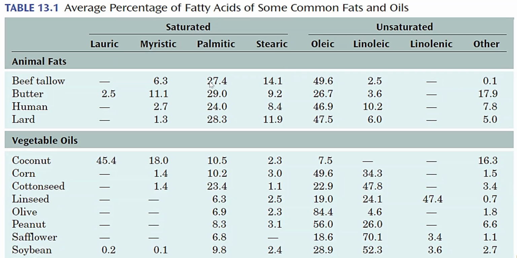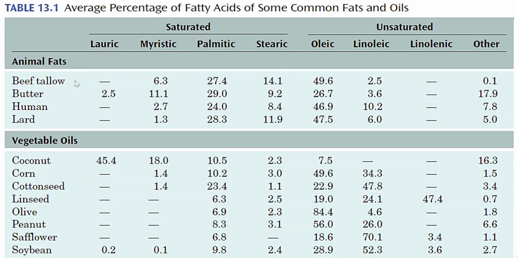So 27, let's say 30 plus 6, 36 plus 14. So we add this one also. 14 plus 27, you have 41. 41 plus 6, 47. Okay, so there is a greater proportion of your saturated fatty acids.